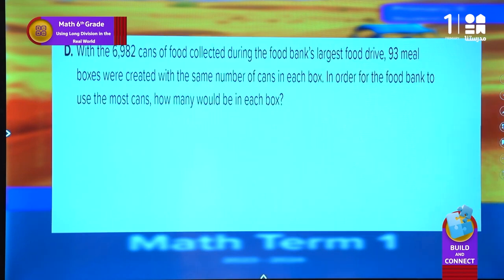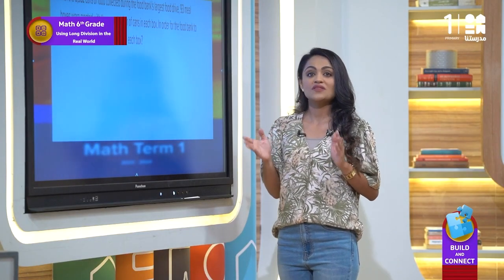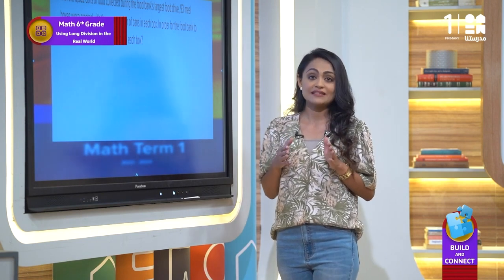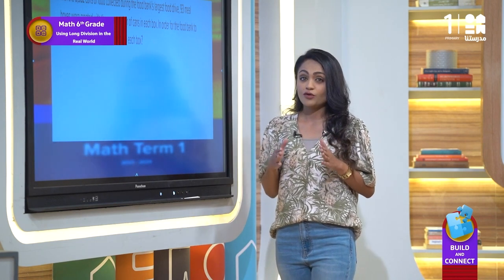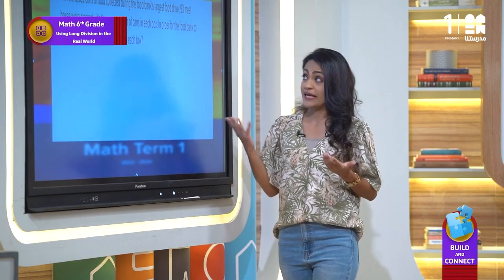In the last situation, D, with the 6,982 cans of food collected during the food bank's largest food drive, 93 meal boxes were created with the same number of cans in each box, for the food bank to use the greatest number of cans.